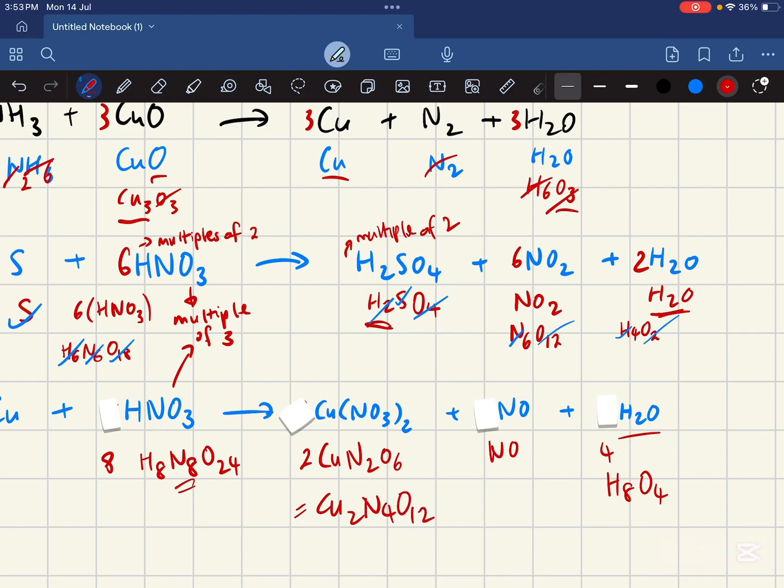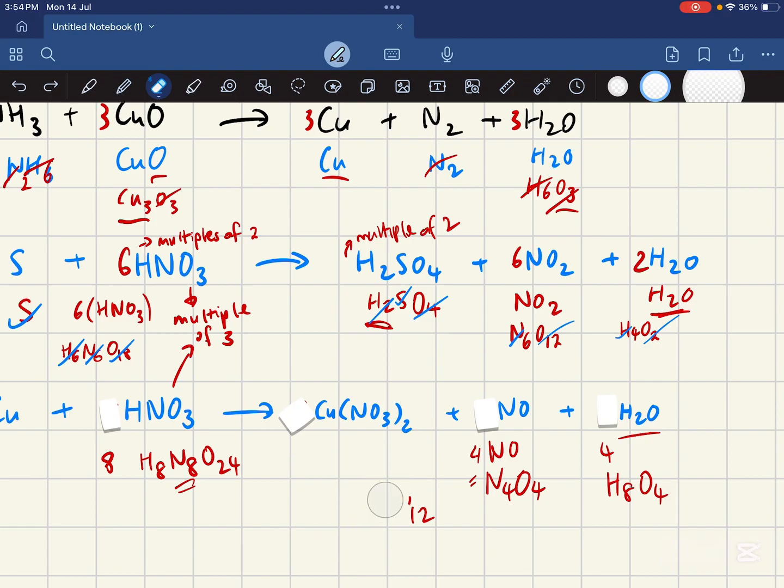And then we can N4. We need 4 of this. So we have N4, O4. So the oxygen is 24? This is not 24. It's not 24 yet. So we need an increase in the number of oxygen.